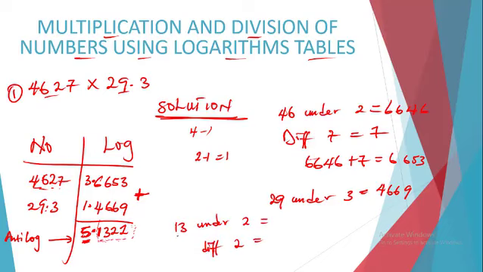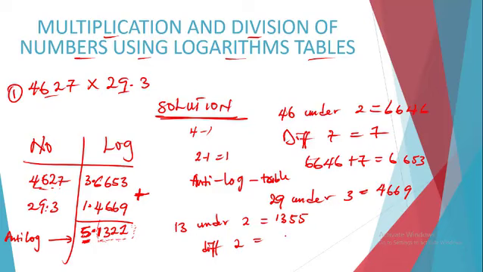Okay, 13 under 2 under the anti-logarithm table. Remember, we are using the anti-logarithm table now, not the log table. Just go over to the next page. You have the anti-logarithm table. Now 13 under 2 gives 1355. Is that correct?